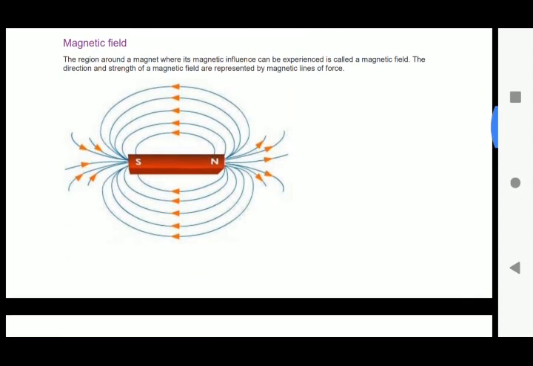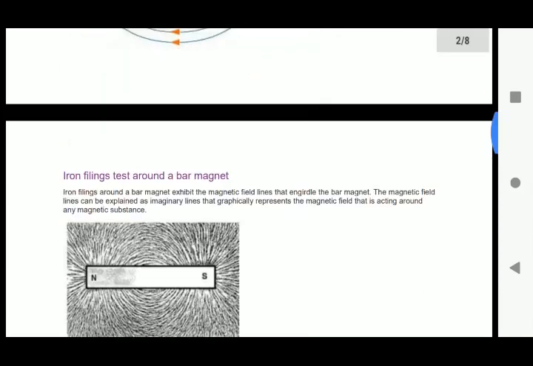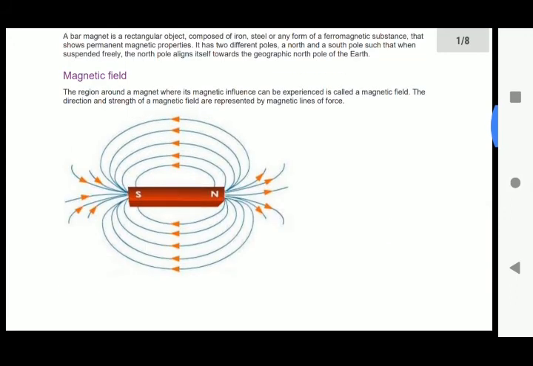Now let us see what is magnetic field lines. The path traced by a north pole free to move under the influence of a magnetic field is called a magnetic field line.